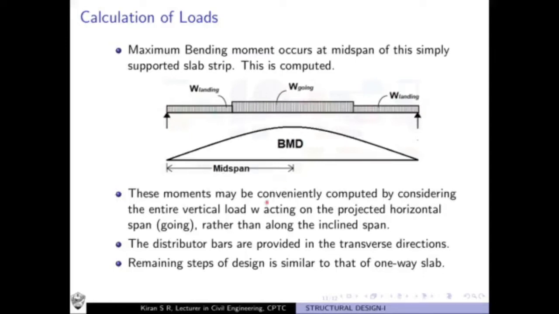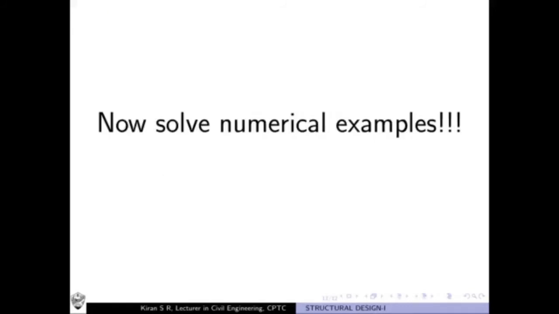So the remaining procedures are the same. Since it is a one-way slab, you have to provide the distributor bars also, and the other steps like determining the value of tension steel main bars, finding the spacing, or determining the depth of neutral axis, all such procedures are the same as you do for one-way slabs. So now we shall solve the numerical examples.